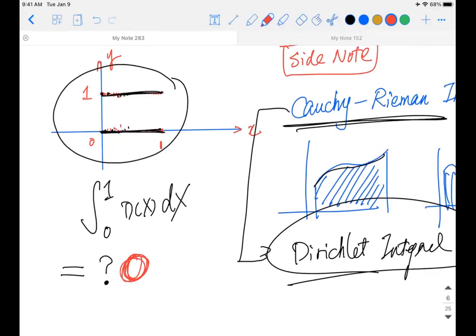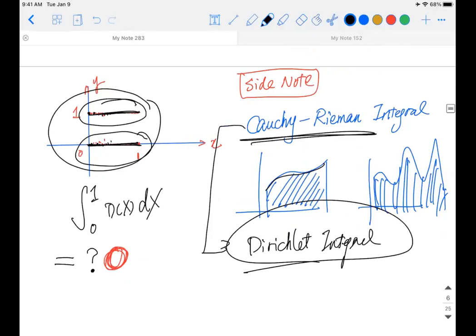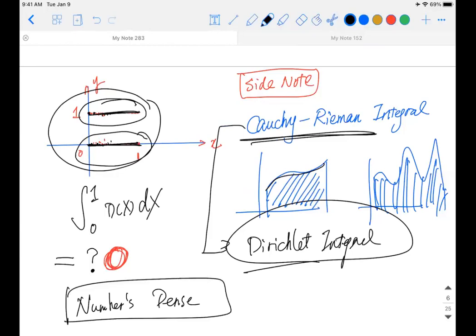Why is it 0? It looks like all those rational points have so many ones, but compared with the irrational points, it's almost nothing. You can ignore them. This is also a very important concept. As long as you learn real analysis, this is called measure.